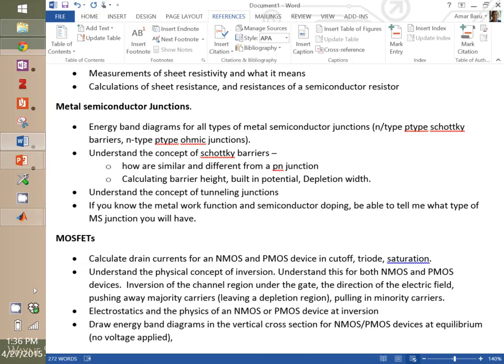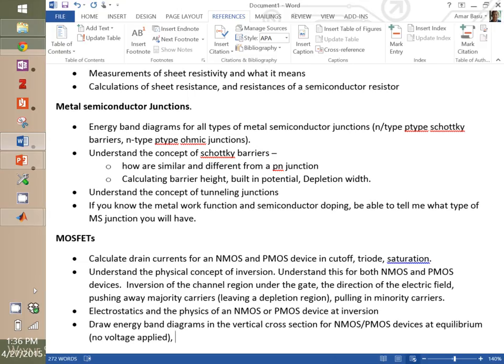What are the different modes we talked about? Besides equilibrium, we drew energy band diagrams for the MOSFET at several different modes, right? Let's see if we can remember some of them. Saturation mode? We didn't quite draw the band diagrams at saturation mode.